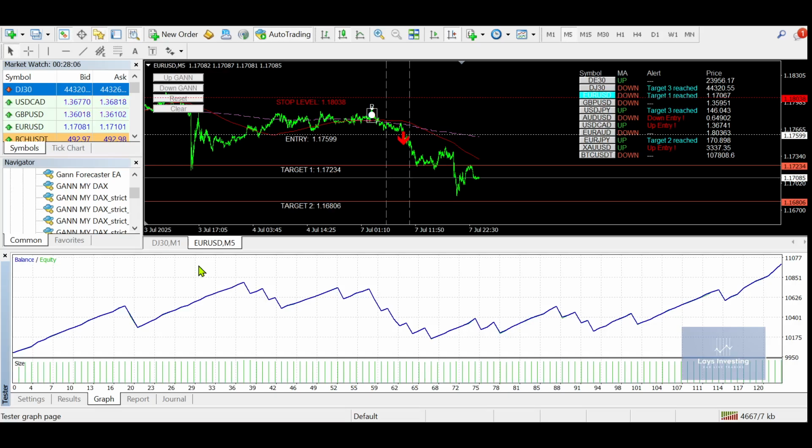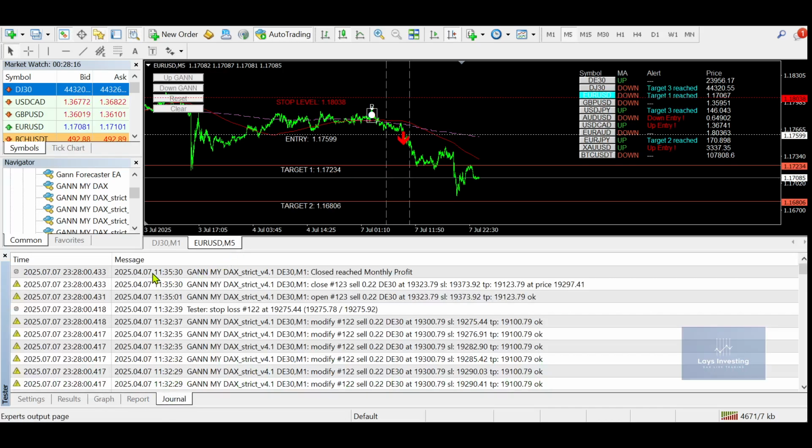Everything above 5 is a good monthly return. Just after 1 week of trading, we reach our target.